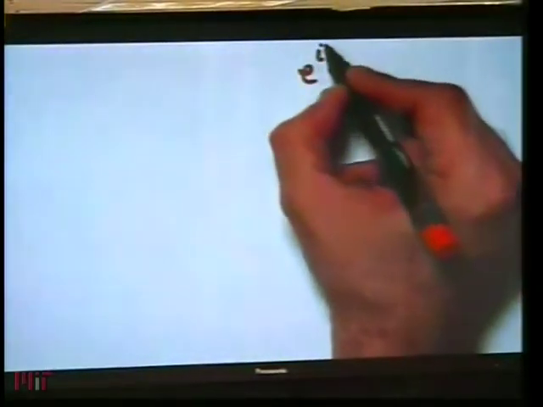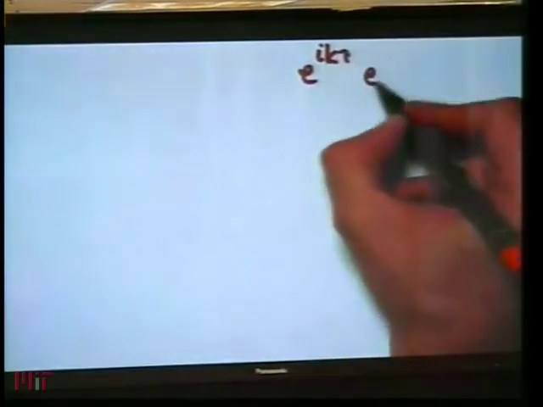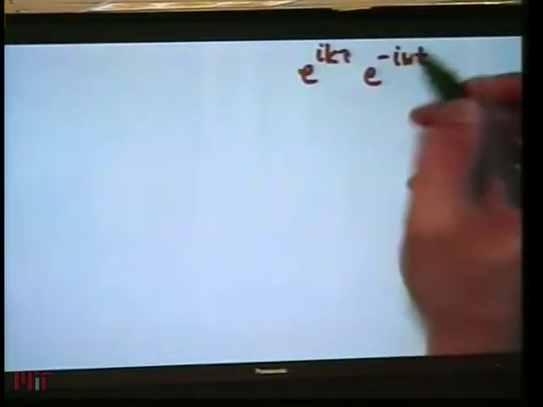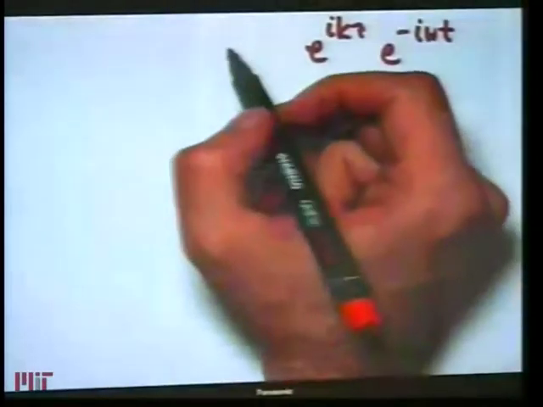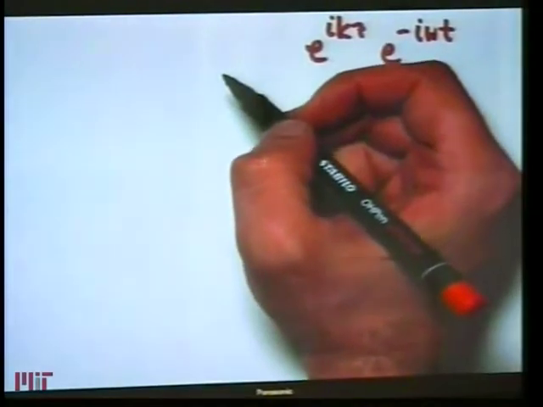Last time I wrote something that looked like e to the i k z, e to the minus i omega t. And I call this a harmonic wave. So this was in 1D. So the plane wave is basically the generalization of this one.